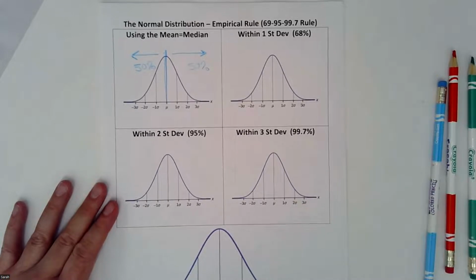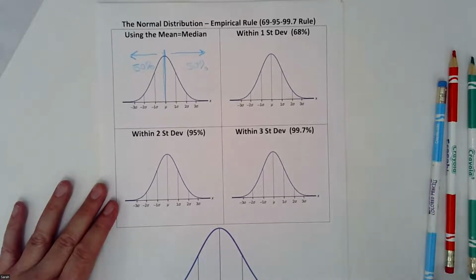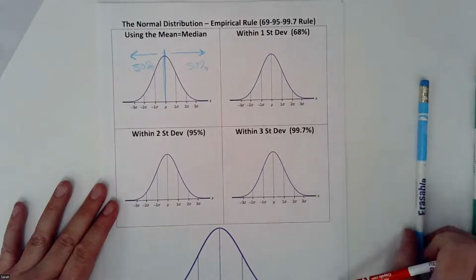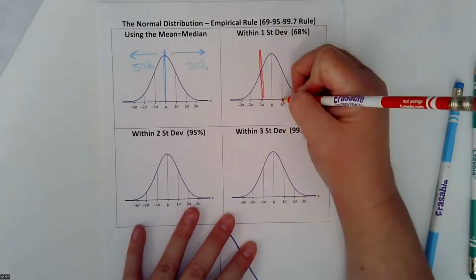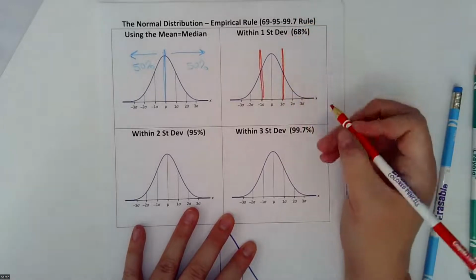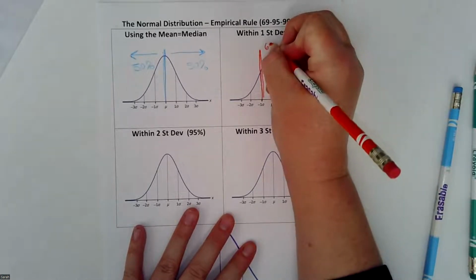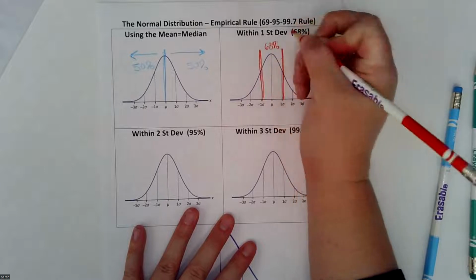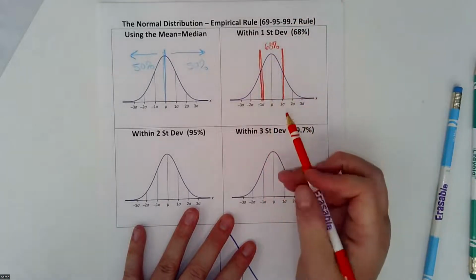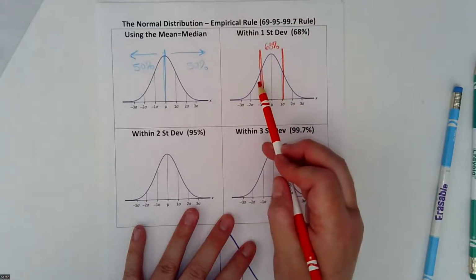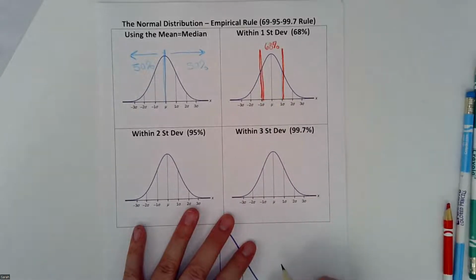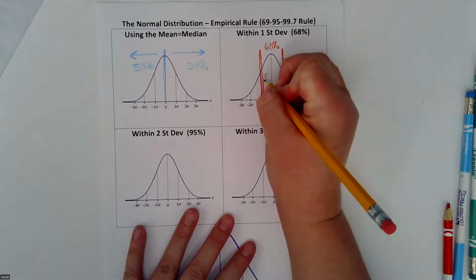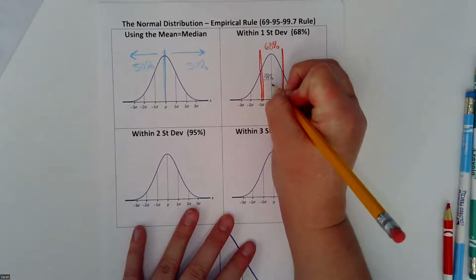The next part of that rule said that 68% of our data is within 1 standard deviation. So that would be from here to here. And so that'll be 68%. And then remember that this is symmetric, so that means these two pieces here are going to have the same area to them. So if I take that 68% and split it in half, I get 34% and 34%.